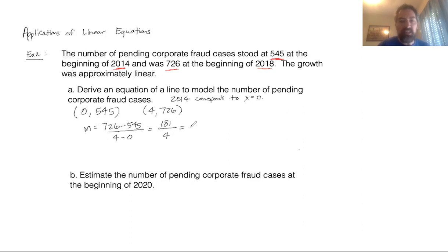Okay, and that'll give us a decimal. I'm going to write the slope as a decimal here, 45.25.